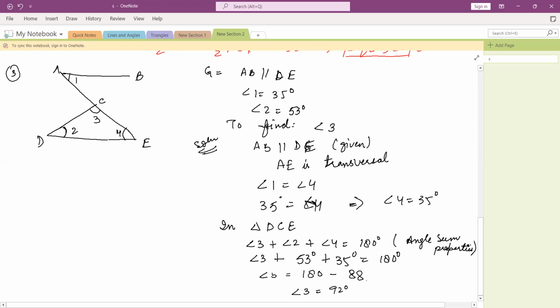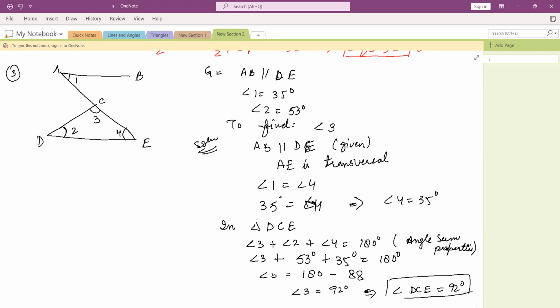Or we can just name it angle DCE is equal to 92 degrees. This we were asked. It becomes a bit simple when you name the angles angle 1, 2, 3, 4, instead of writing every DCE and everything. So that is why I do it.